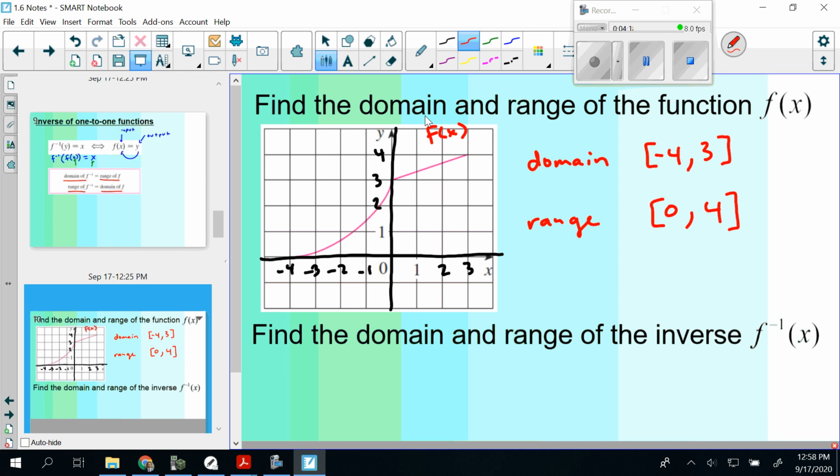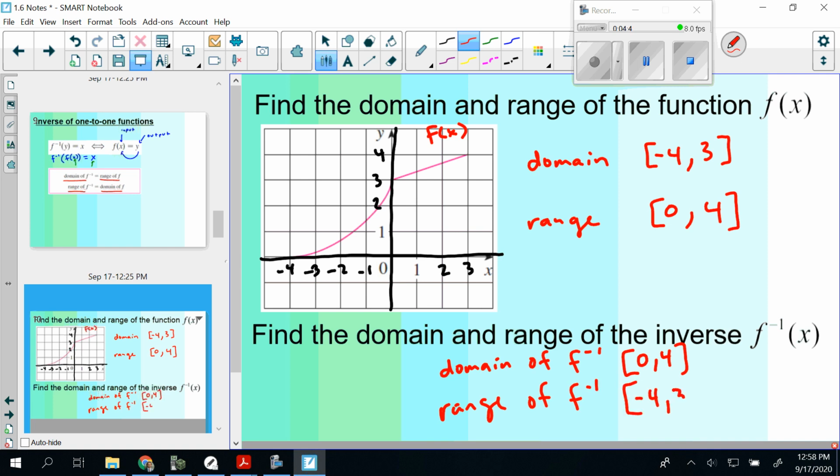The domain of the inverse function, f inverse, would be the range of what we had before, so that's 0 to 4. The range of our inverse function would be the domain of our original one, so -4 to 3. They just switch when you find the inverse.